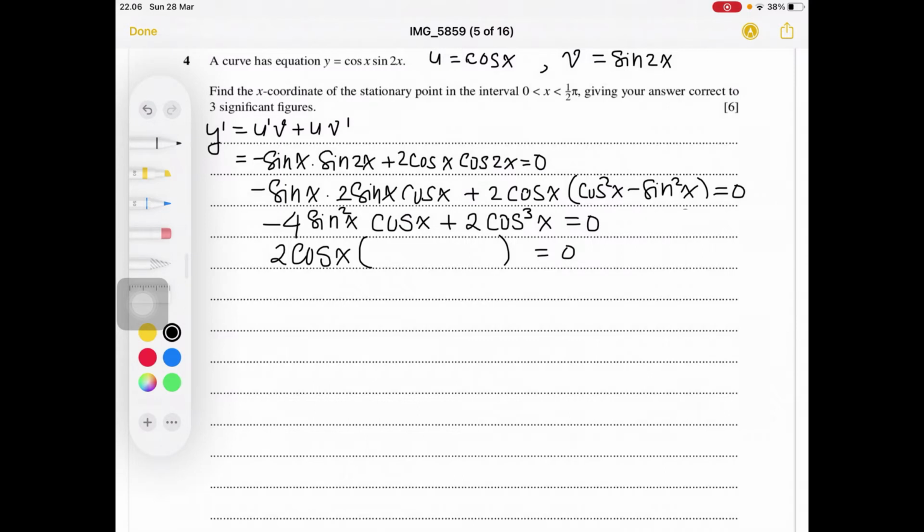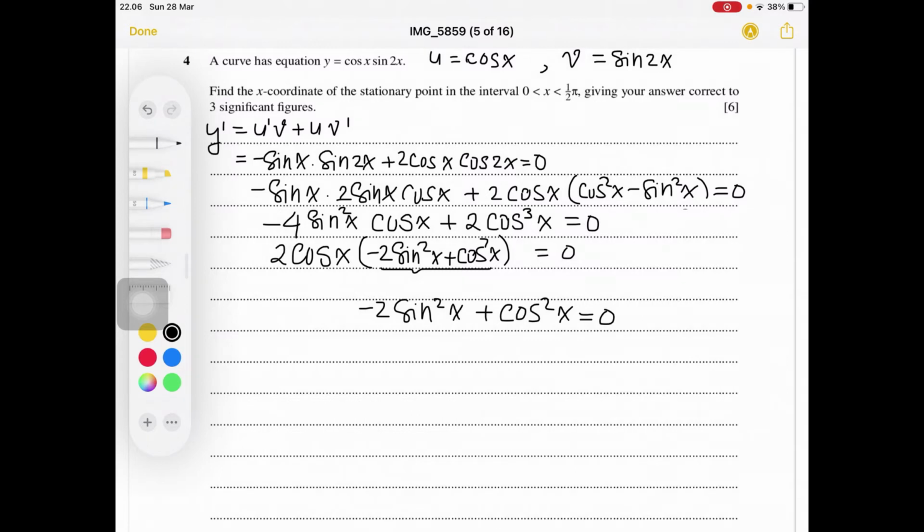Inside the bracket we still have negative 2 sine square x plus cos square x. Our solution comes from this one. So negative 2 sine square x plus cos square x is equal to 0.